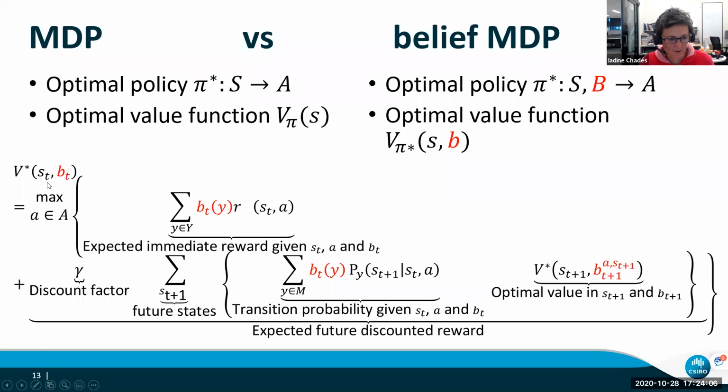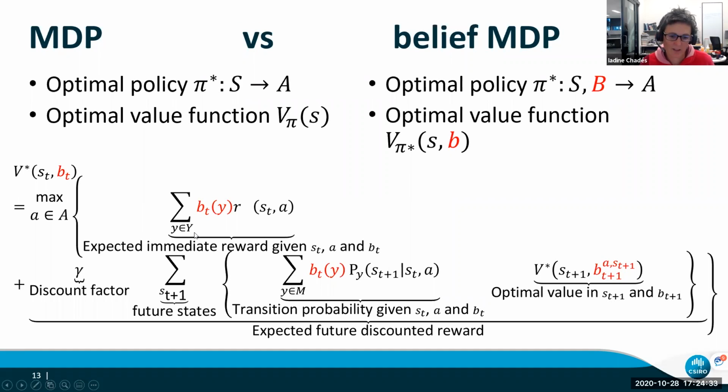So let's start from the left side here. Our optimal value function is a function of the states and our current belief, BT. And it's optimal if it maximizes that term in the middle that corresponds to our expected sum of cumulative reward, which can be discounted in that case.